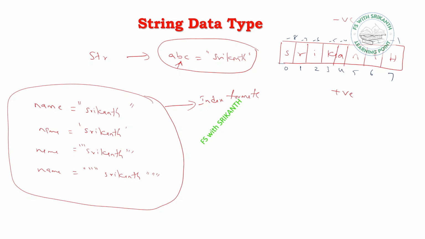If I want to print a variable like ABC, and within the string I want to place single quotes, double quotes, or both single quotes as well as double quotes, is it possible? Yes, it is possible.